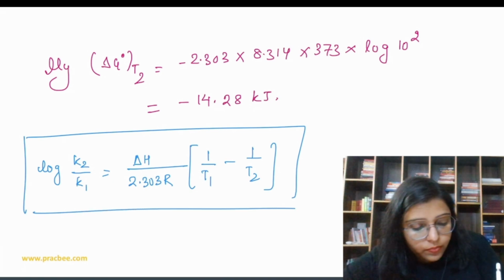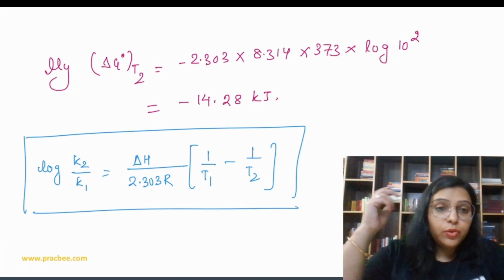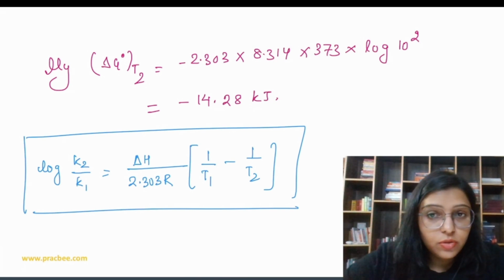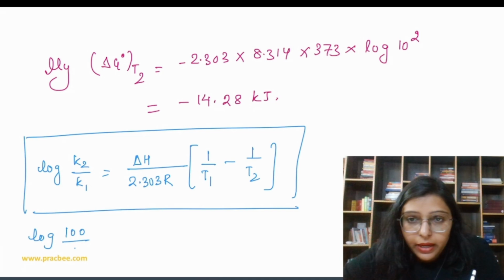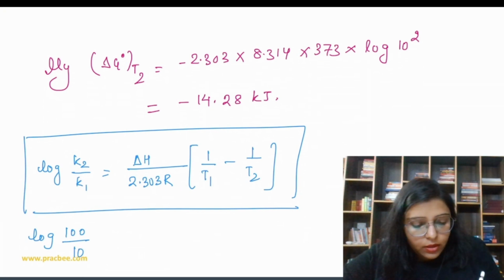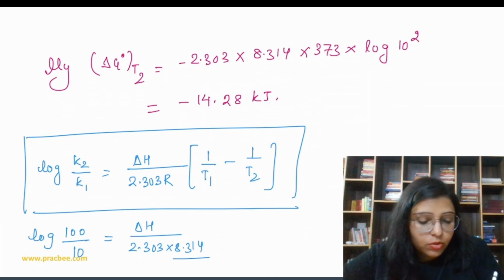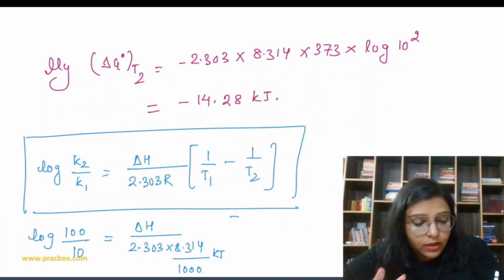This equation we have also discussed in chemical kinetics, right? So when we have two equilibrium constants at different temperatures, then we have to use this formula. So when you put everything in, log 100 divided by K1 is what? 10, right? Log 100 by 10. So when you solve everything, delta H upon 2.303 R, you can write R as 8.314, and we have to find it out in kilojoule, so 8.314 divided by 1000, so that it is converted to kilojoule, then 1 by 298 minus 1 by 373.